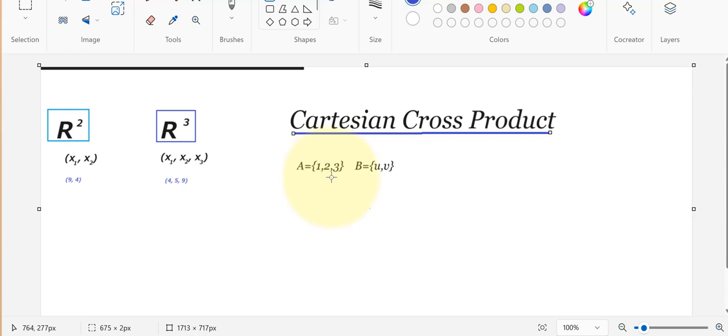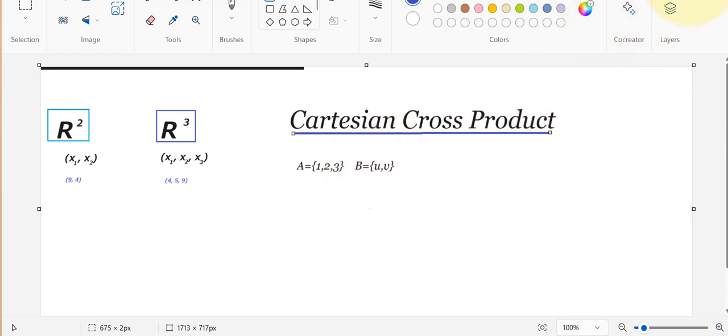Suppose we have these two sets here, A and B. What we're going to do is combine them by taking one element from the first set and one element from the second set, and forming what we call an ordered pair.